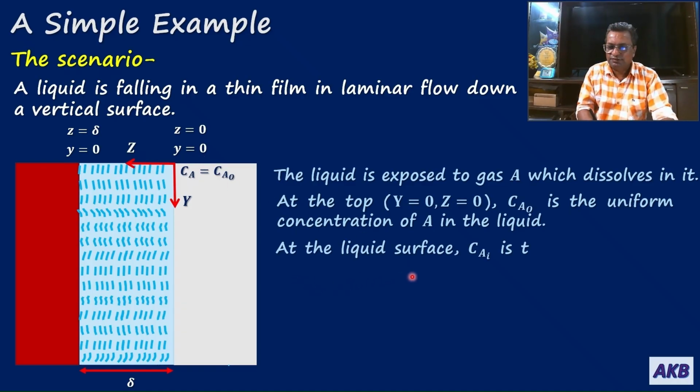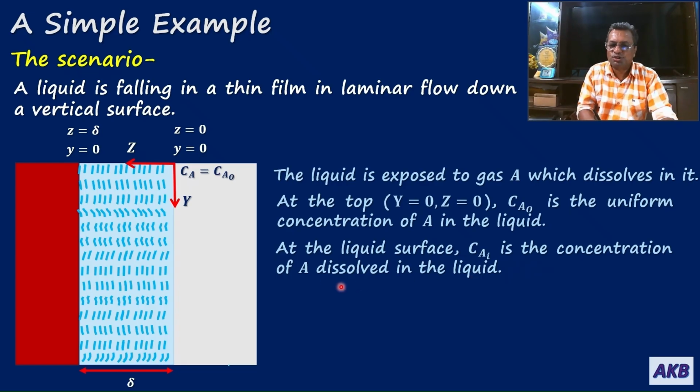At the liquid surface, CAi is the concentration of E that is dissolved in the liquid. So when E gets dissolved into the liquid, on the surface, the concentration of E in the liquid is CAi.